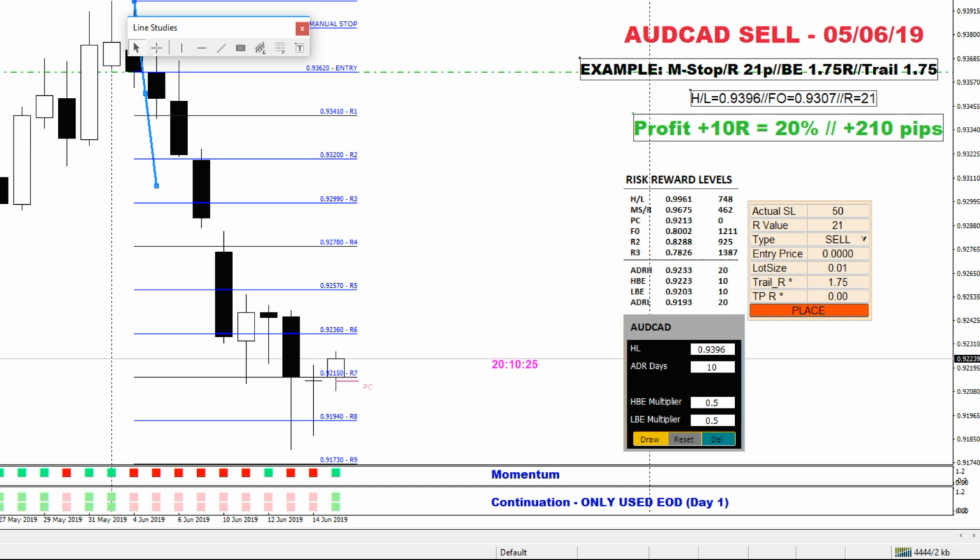Our stop is at R6. Again, showing us the momentum is slowing. We don't act until the end of the day.